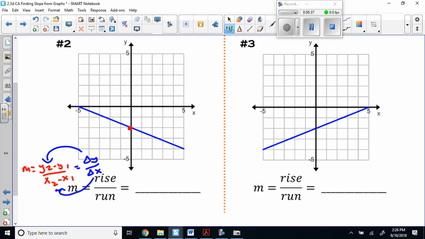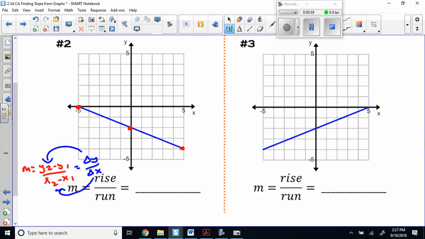I can either go up this line or down this line. It doesn't matter to me. You're looking for a perfect grid crossing, and the only perfect grid crossing is right there. You could also check this one up here as well.